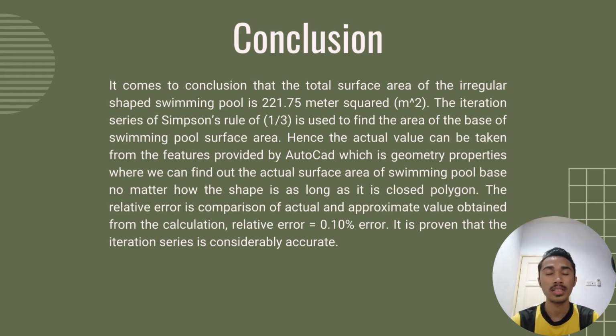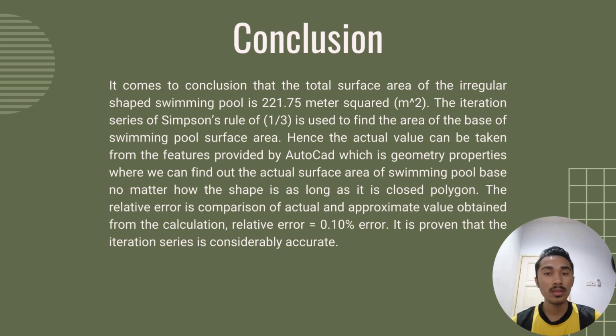As per the calculation shown in the previous part, we can come to the conclusion that the total surface area of the irregular shaped swimming pool is 221.75 meters squared. The iteration series of Simpson's 1/3 rule is used to find the area of the swimming pool base surface area. The actual value can be taken from the features provided in AutoCAD, which is geometry properties.